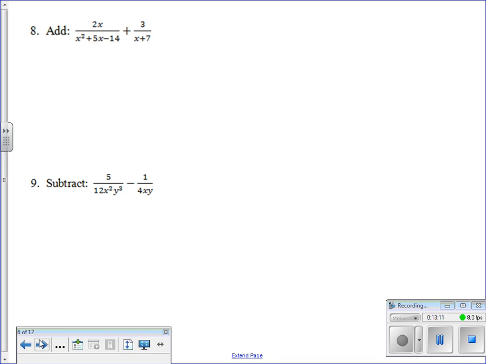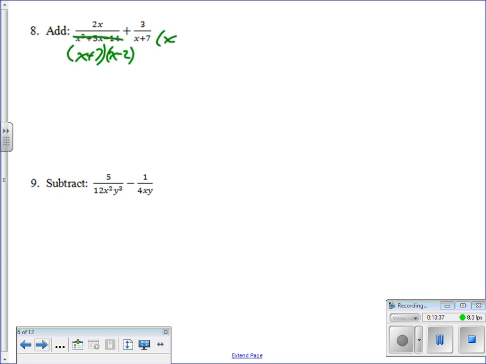Okay, add, which means I need a common denominator. First step, factor. x plus 7, x minus 2. What do I have in the first fraction that I do not have in the second fraction? x minus 2.